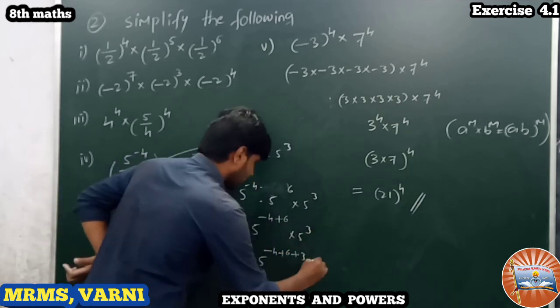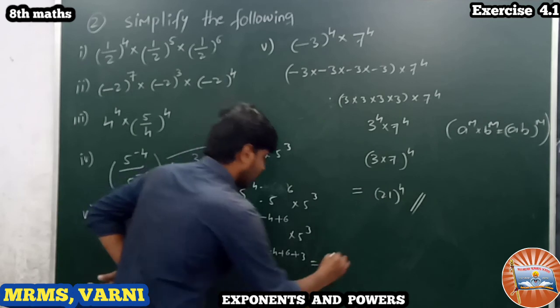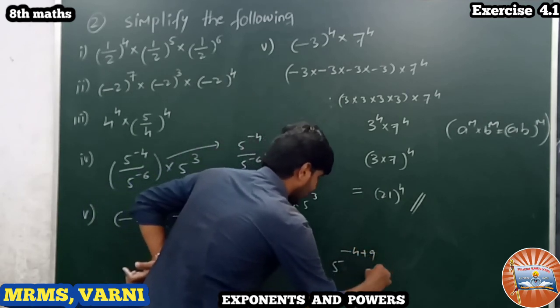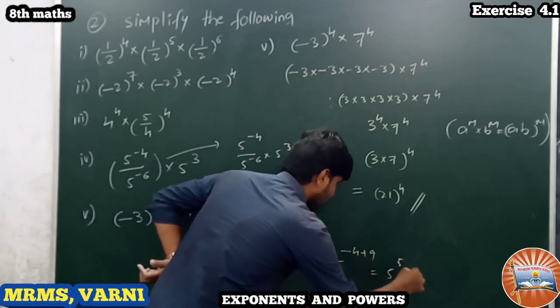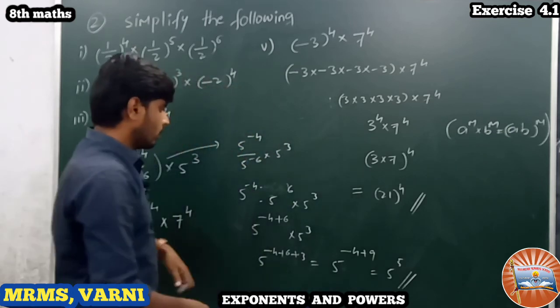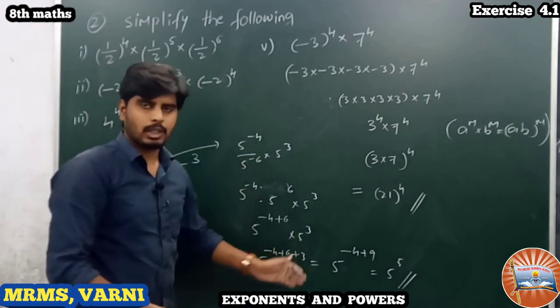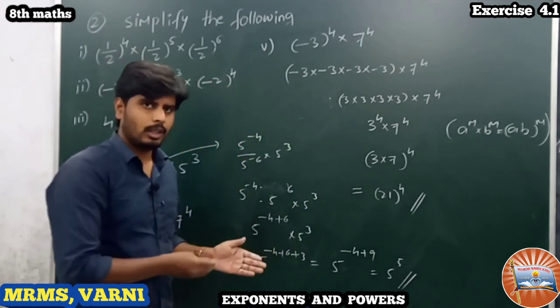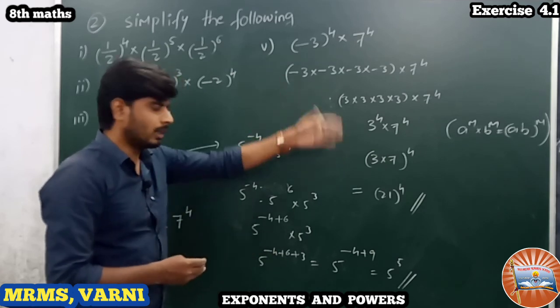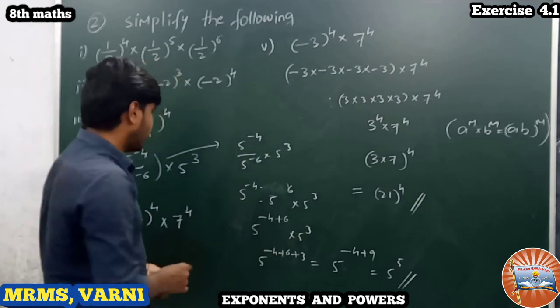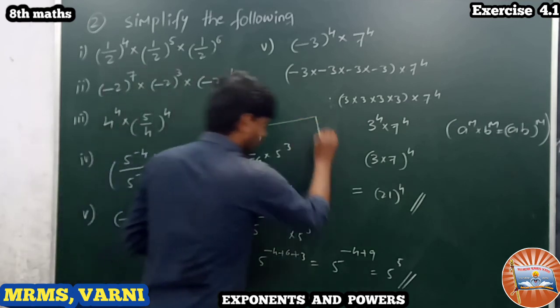This is nothing but 5 power minus 4 plus 9, 5 power 5 is the answer. We can do it in this simple method also. Just for the understanding I have given the lengthy method there.